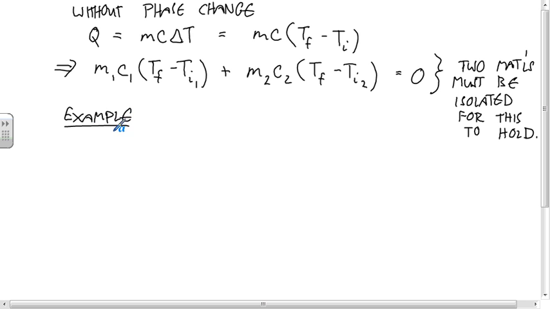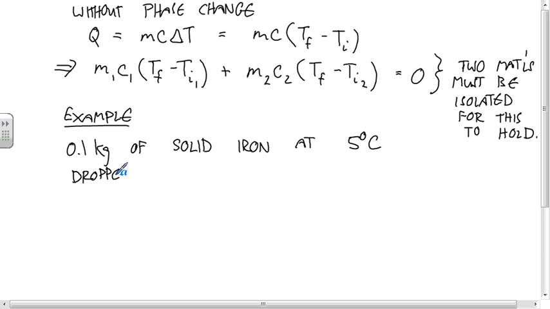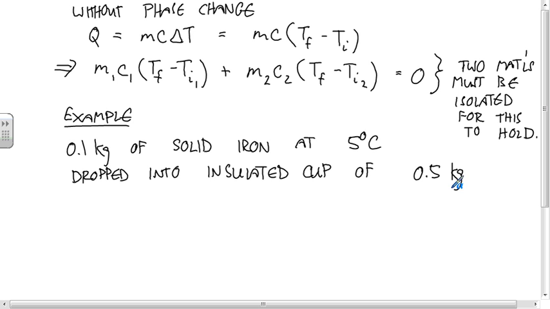So say that 0.1 kilograms of solid iron at 5 degrees Celsius is dropped into an insulated cup of 0.5 kilograms of water at 20 degrees Celsius. What's the equilibrium temperature of the system?